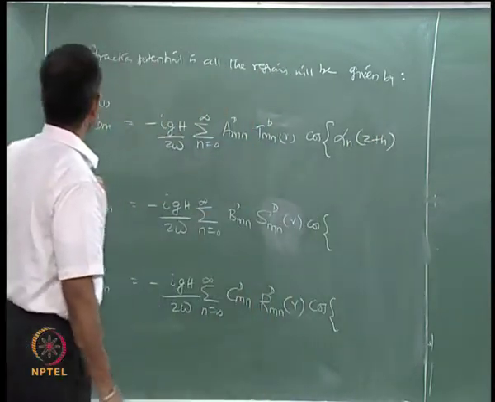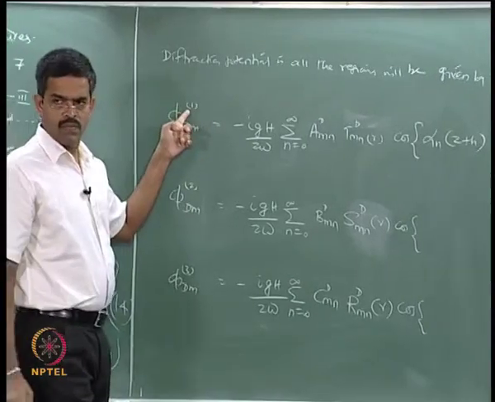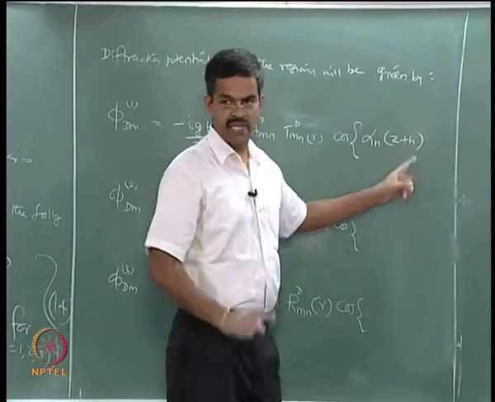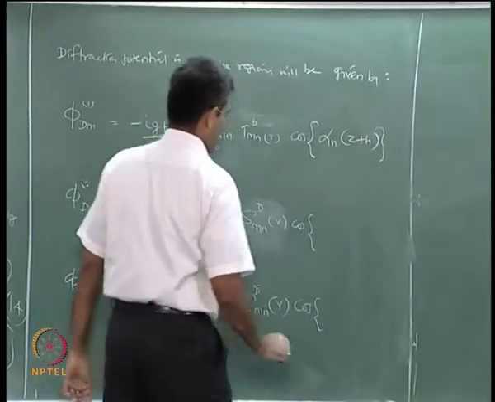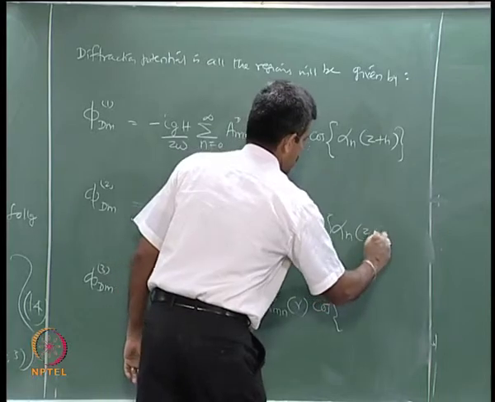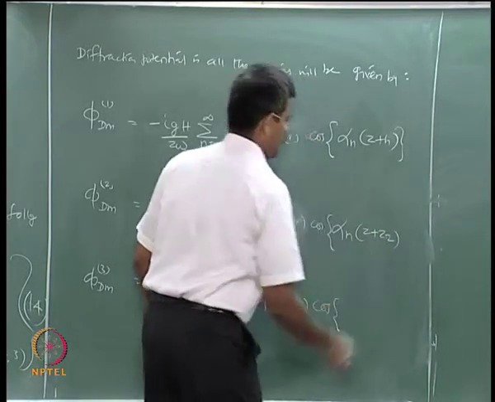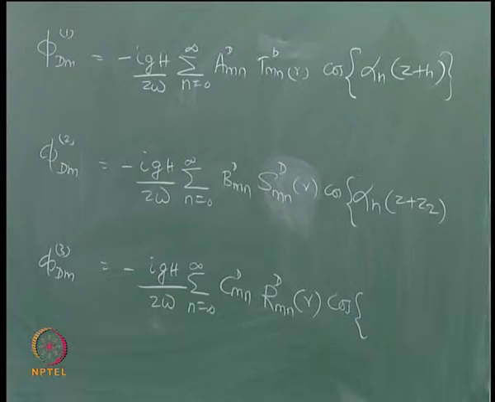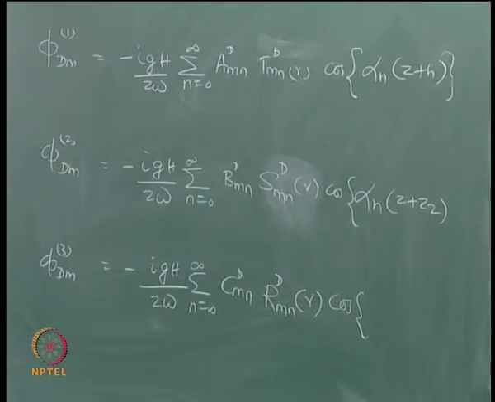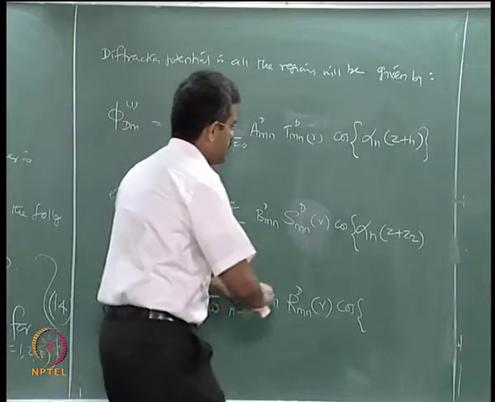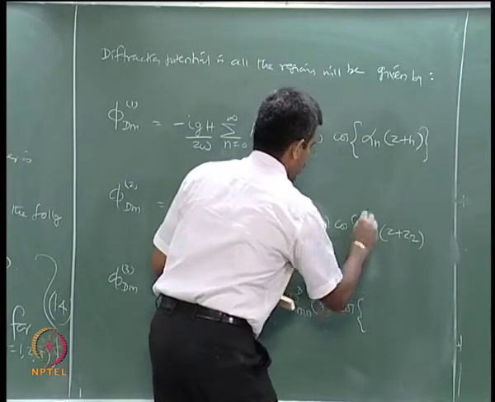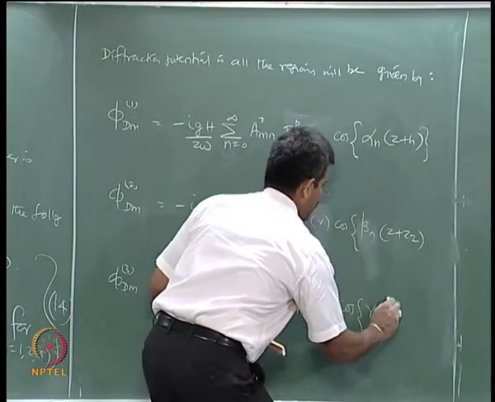You can see here this is for region 1, so I am using argument z plus h, h is the water depth. Here I will use z plus z2. Let us have the multipliers different here. This is beta n, this is gamma n.